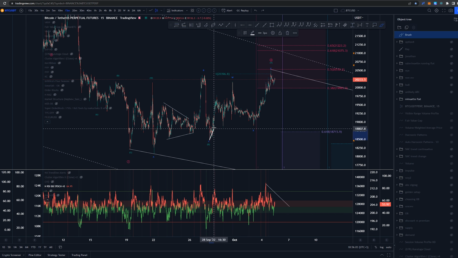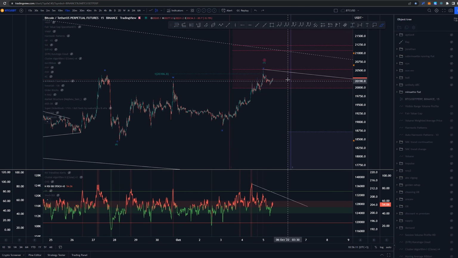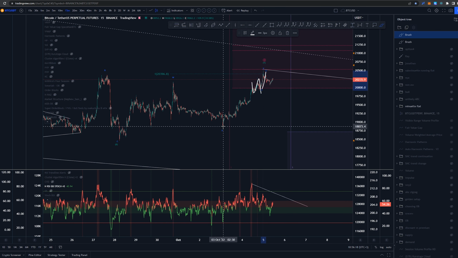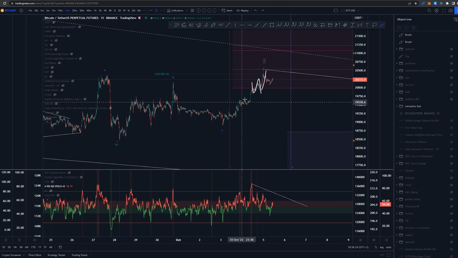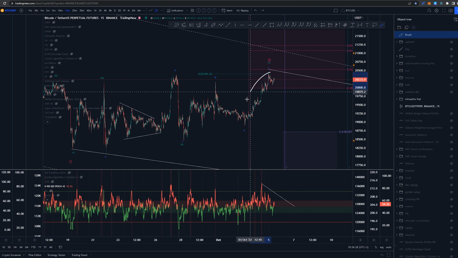Now, as I mentioned, we could have it like this and have a very weird looking structure as a five-wave in here. I really can't. I mean, if this was the third, I guess we could have this as the fourth and fifth, and then 1, 2. It does not really subdivide well into a five-wave structure, this one here.